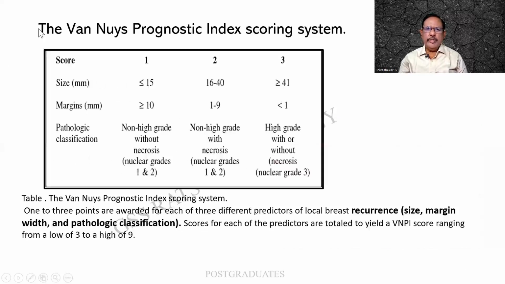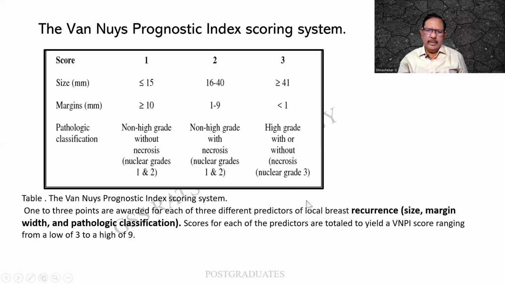Van Nuys Prognostic Index. Many of you would have known this, you would have done a study on this, presented papers, etc. So basically you find that there are 3 scores over here and 3 elements are taken into account. One is the size, 2 is the margin or the clearance, and 3 is the pathological classification or rather the histocytology, where it is a non-high grade, then a high grade, non-high grade with necrosis, high grade with or without necrosis.